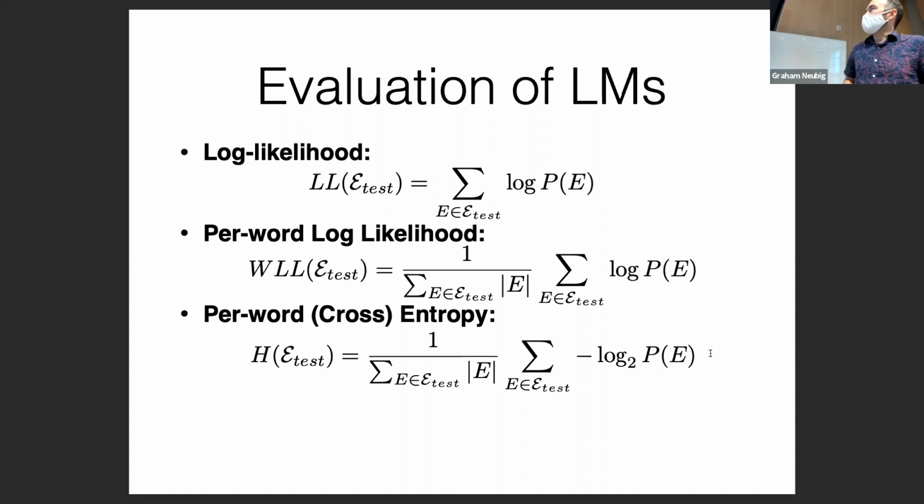We also talk about entropy, and entropy is the negative log likelihood, usually the negative log 2 likelihood of the corpus, per word. The reason why we use entropy is that entropy actually has a very nice connection with information theory, and it's basically the lower bound on how well the model could compress this text.